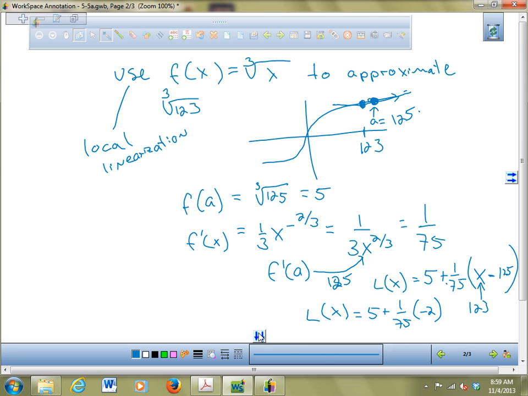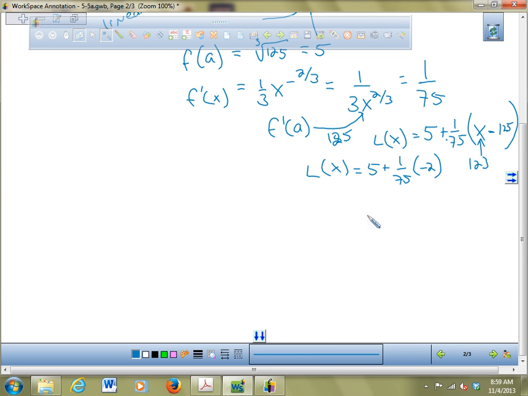And if I do that on my calculator, I get 4.9733. You want to take this to pretty many decimal places.